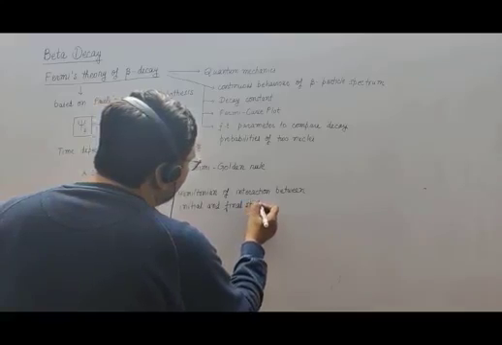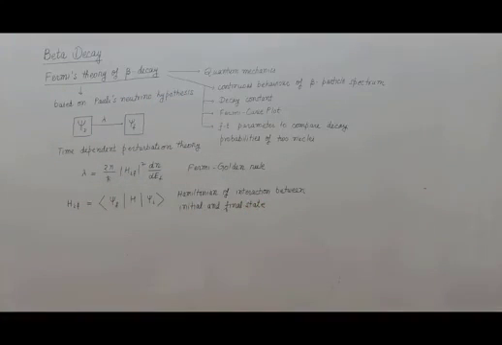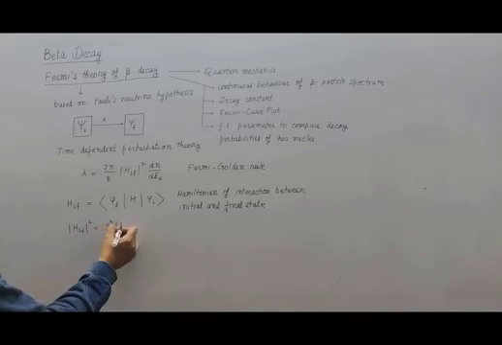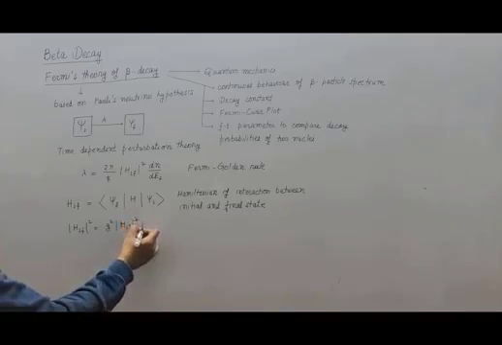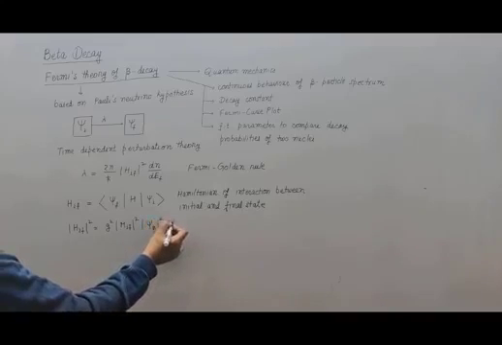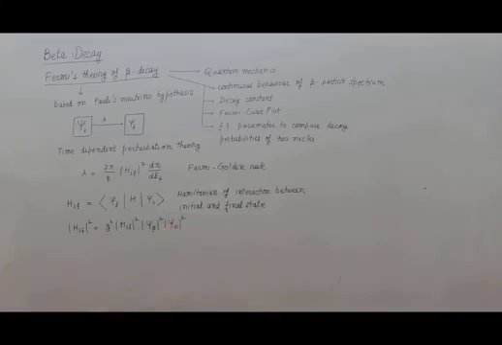If you calculate the square of the modulus of HIF, it comes out to be G square MIF square psi beta square and psi nu square, where this G represents the coupling constant for weak interaction.